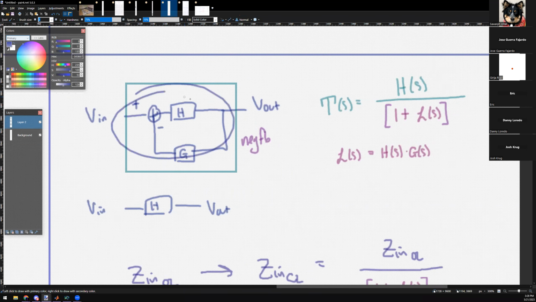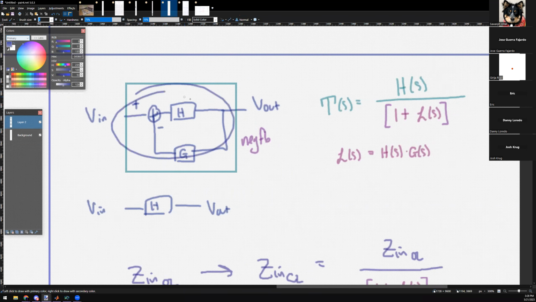If you have positive feedback, how do you think this equation changes? It's now a negative L of S.